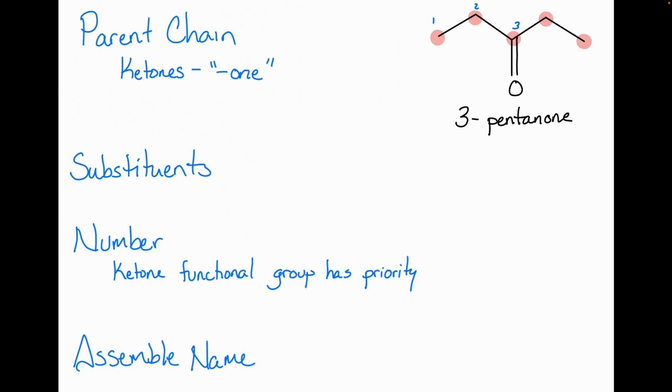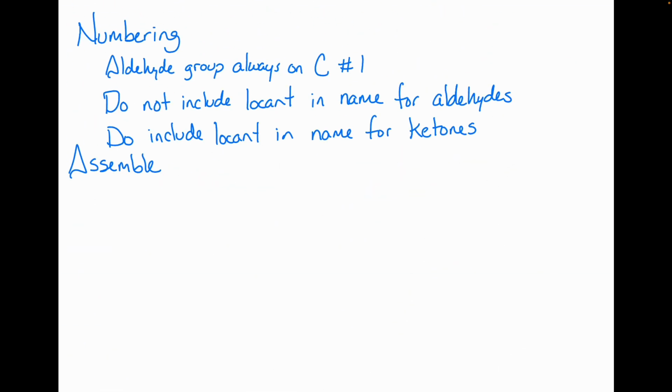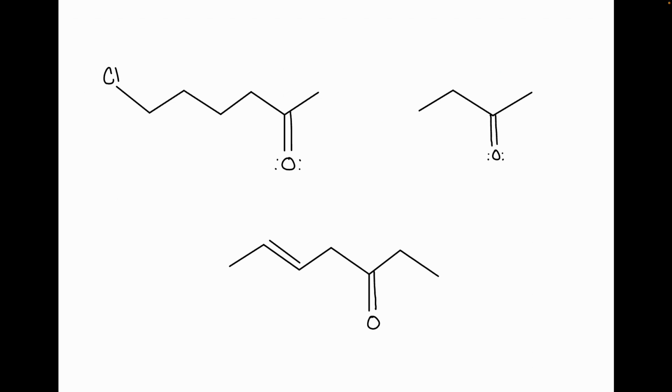Right, if it was an alcohol group, it would be pentanol. Instead, we're going to put that O-N-E ending on there, pentanone. All right, so everybody take a second and name these 3 ketones for me here.